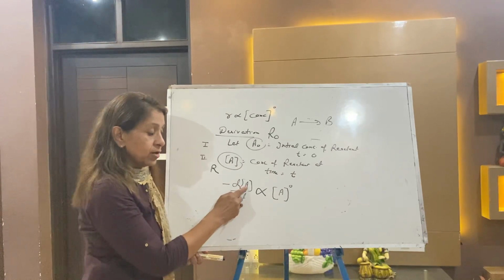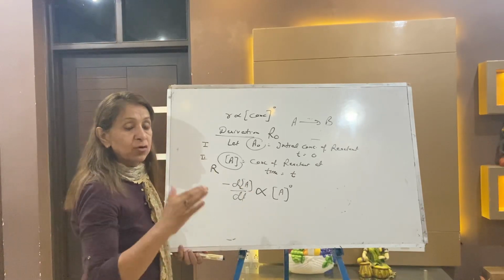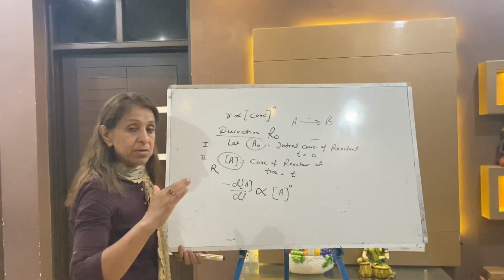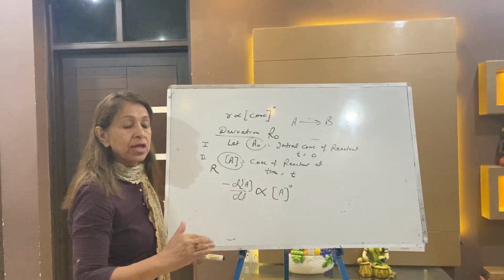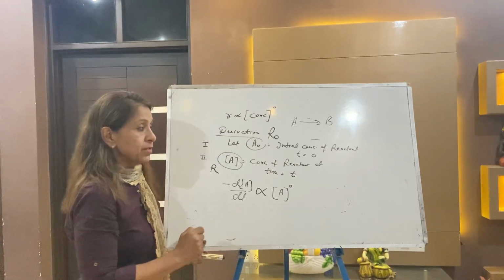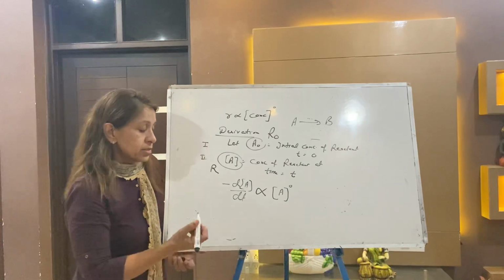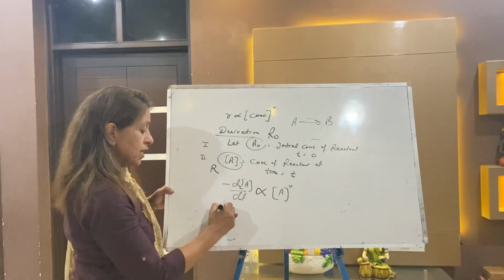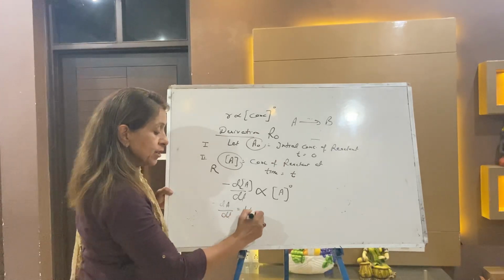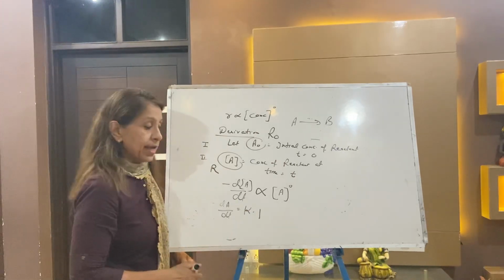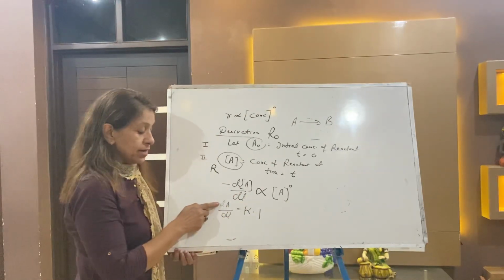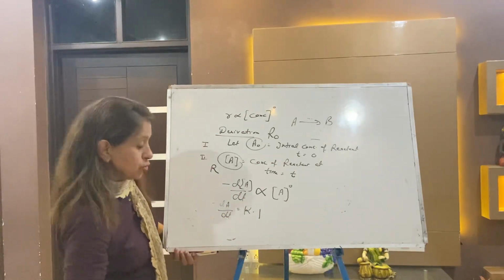When you want to find the rate at any time, the rate depends upon the concentration of the reactant present at the same time, and that is A. Let us start. Now minus dA by dt is equal to k into 1, because A power 0 means 1. That means minus dA by dt is equal to k.